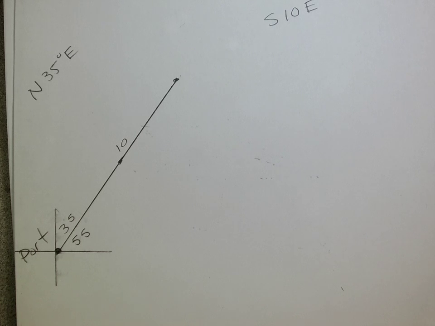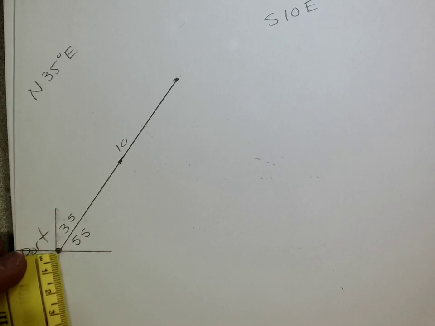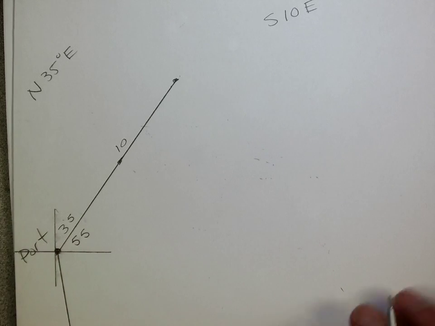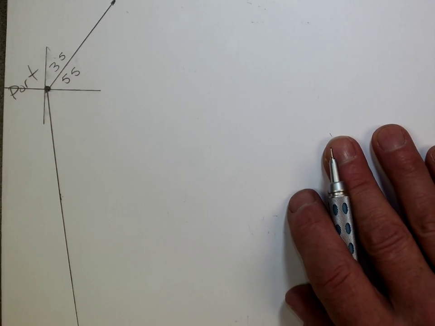I'm going to give this to you when I'm done, okay? So this one's going to be 12. Yes. Way down there, okay? Can you see it? Yeah.